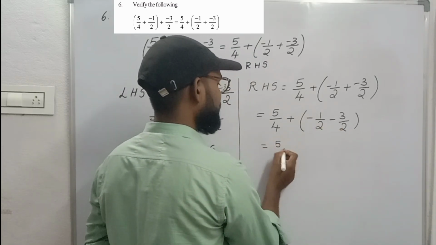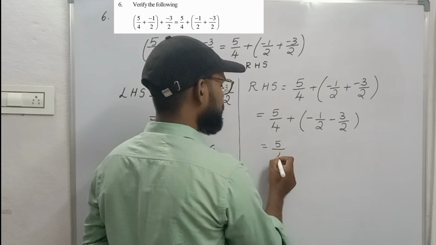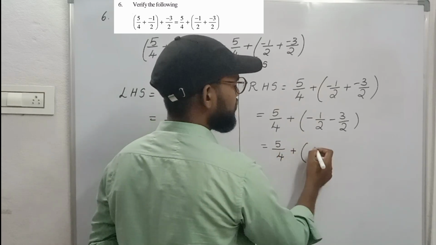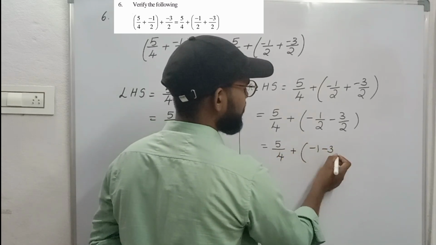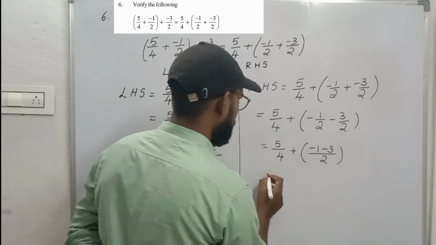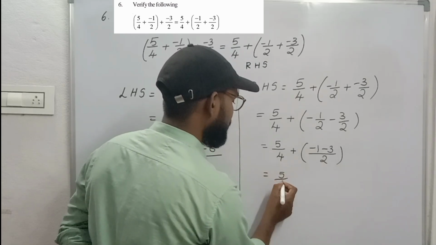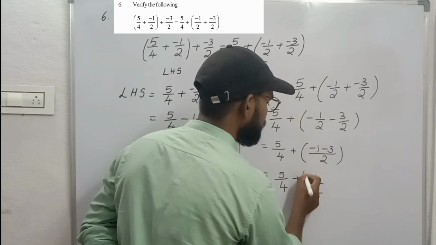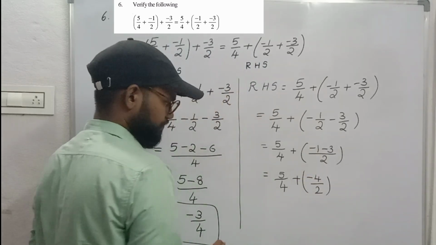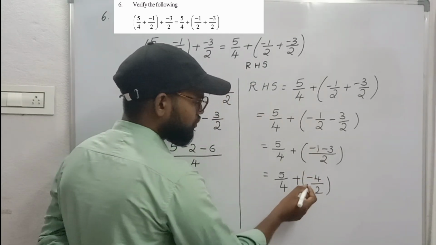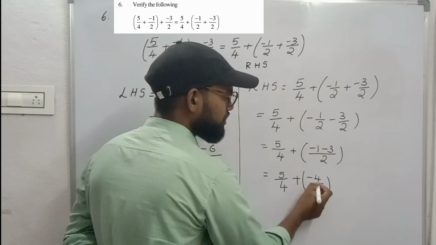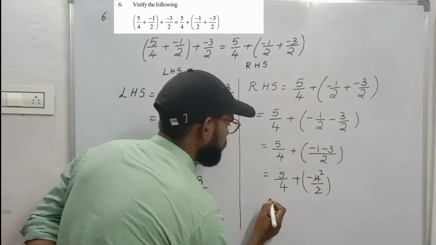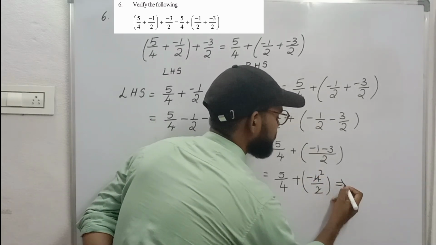For like fractions, directly add the numerators. So here minus 1 minus 3 by 2. So that is nothing but 5 by 4 plus minus 4 by 2. Minus 4 by 2 is nothing but minus 2. I am extending one step here.